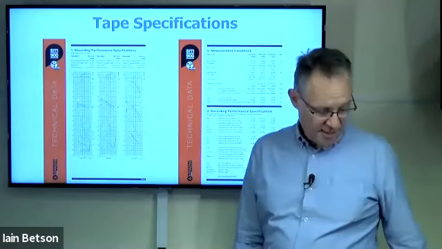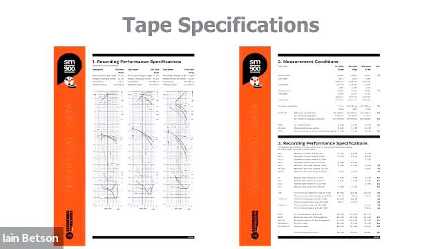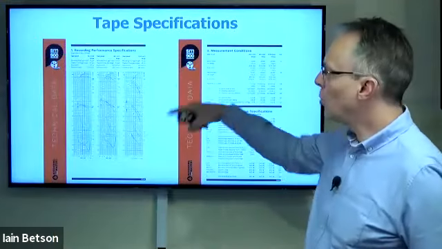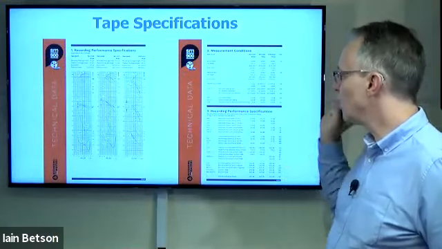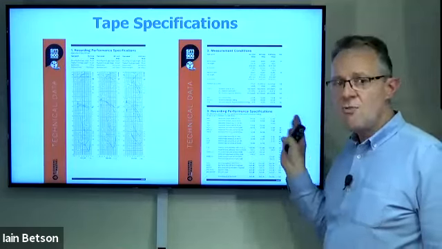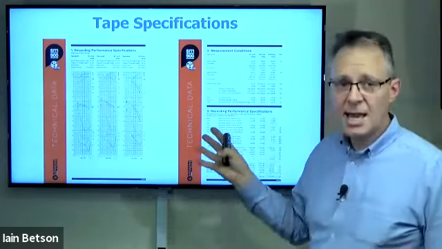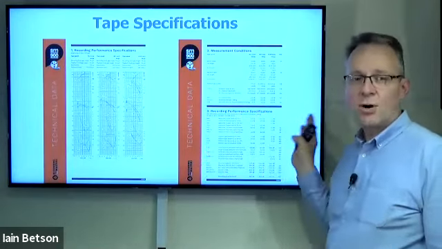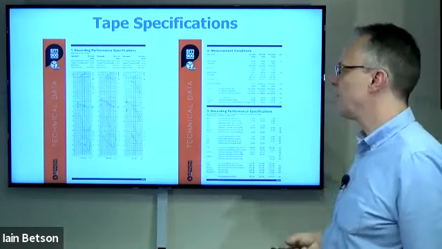Tape specifications, again, we're not expecting you to know all of this. This is 2 pages of 4 pages of RTM's SM900 tape specification, and they go into all kinds of information about all the different curves, all the different speeds, all the different recording performance. It really is, if you're into tape, a great read, but frankly it's not going to tell you too much about a particular type of tape.